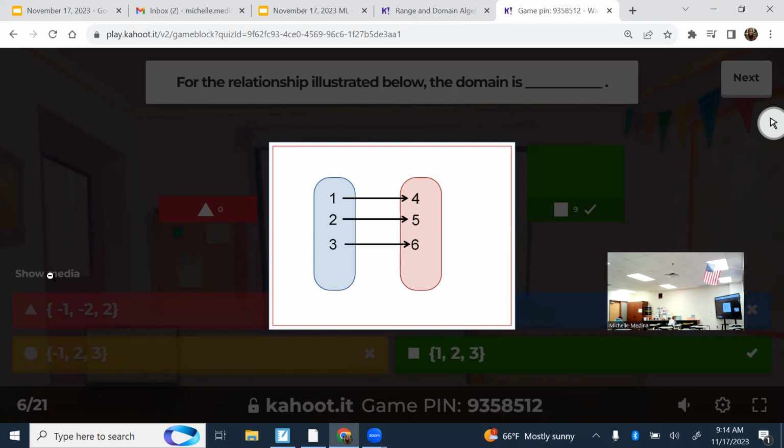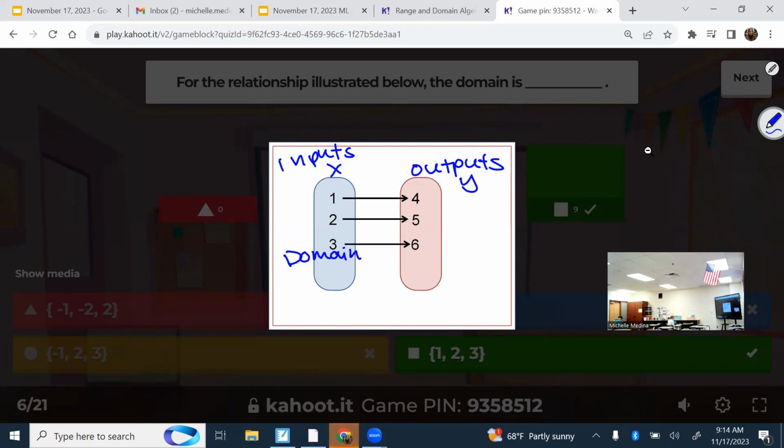Domain is all your inputs, all your x's. So it would have to be what's here on the left. Usually they put it on the left. It's this number pointing to that number. So these numbers over here are my outputs, my y's. This is my inputs, my x's, and we know domain is all the x's. Okay, good.